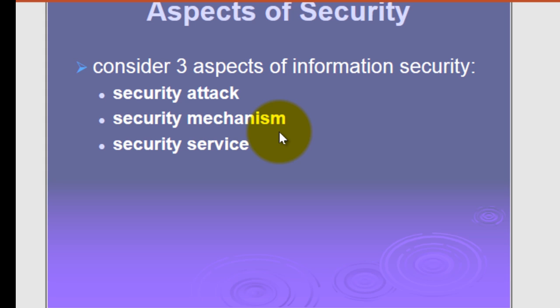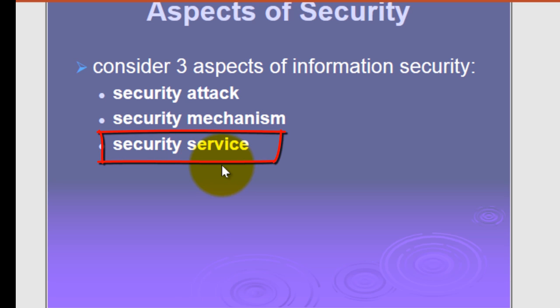Even if security fails, it tries to detect the security violations, and then it will also correct the security violations. So there are different mechanisms for security violations. These are called the security mechanisms. Antivirus software and firewalls all come under the security mechanism.